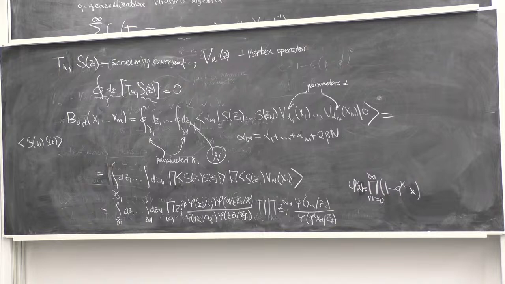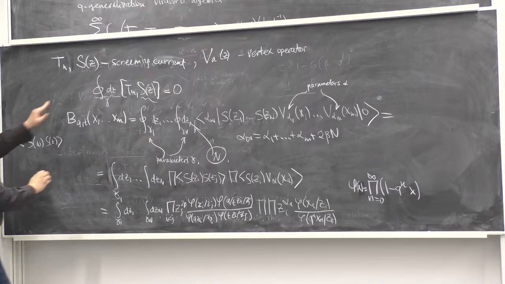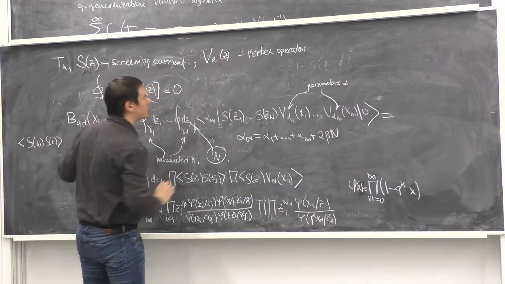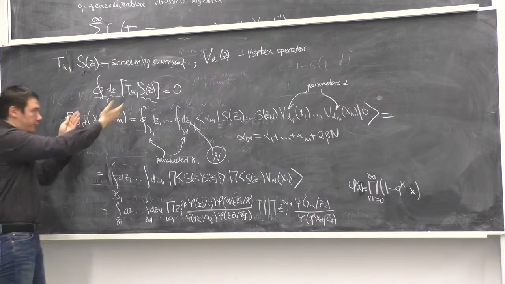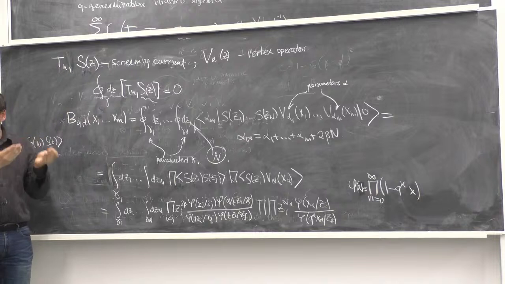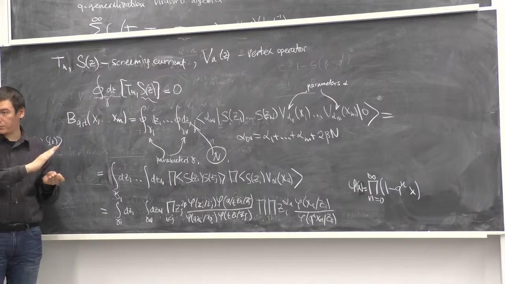But if you do, then everything works. And then you can also define these auxiliary screenings and vertex operators, which do not appear literally in the definition of the algebra, but they are related to it. The screenings, I showed you how they are related. The vertex, I didn't show you how, but they are also related somehow.